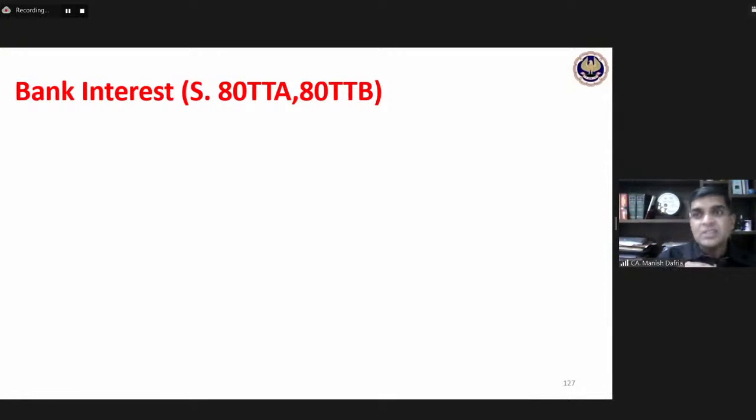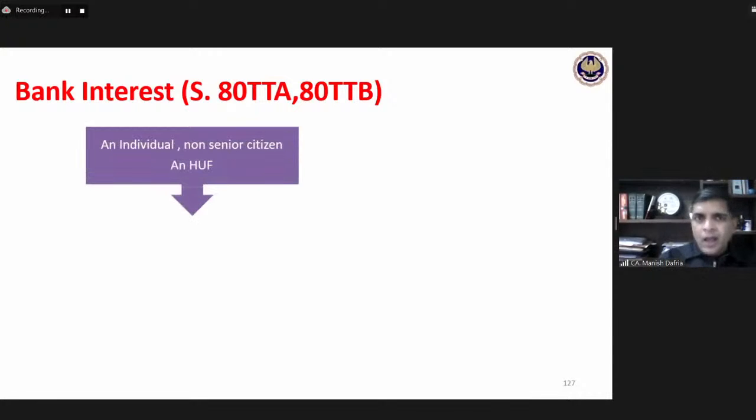But from an examination perspective, it is important to develop a combined clarity about these sections so that you will be in a better position to apply these provisions in an examination situation. They talk about more or less similar kinds of situations, so it will generate better clarity and also save time to discuss them in a combined manner. 80TTA, 80TTB. Okay.